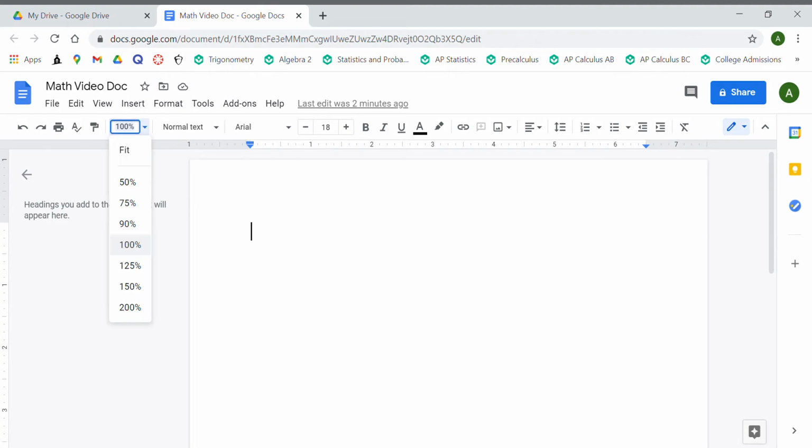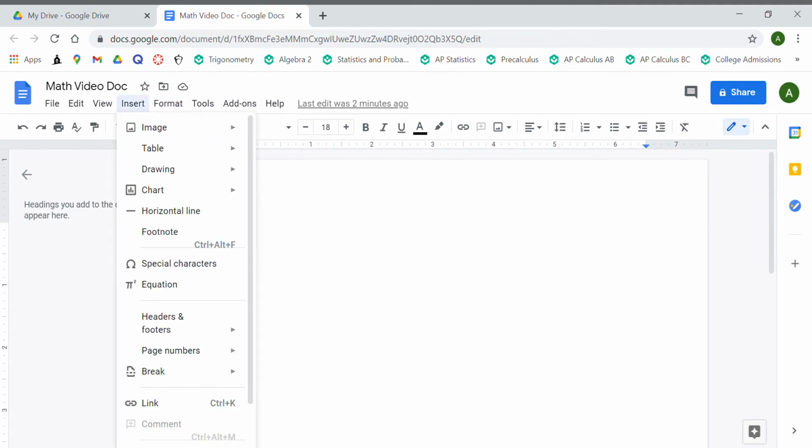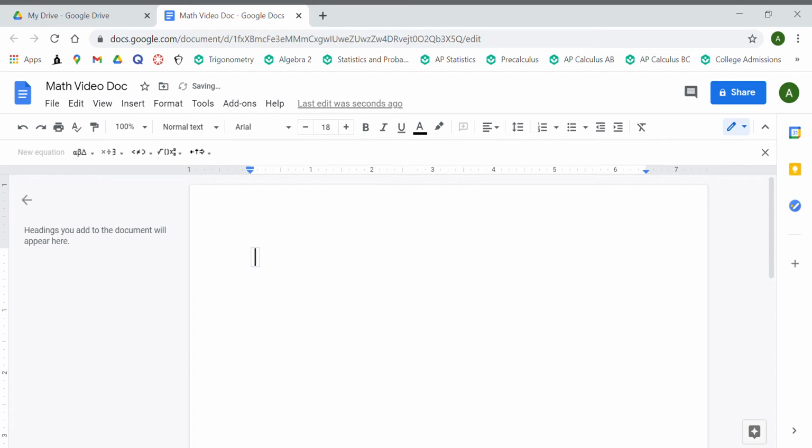So let's say we have an inequality that looks like this. Notice that we have a less than sign.